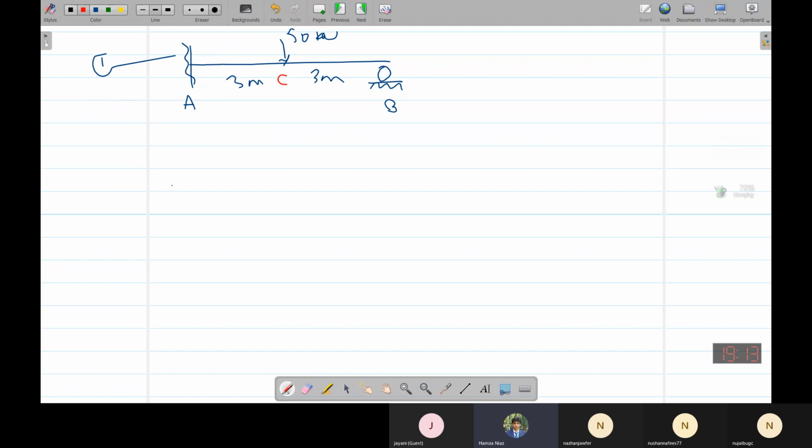Okay, sorry for the interruption. It was downtime. So this is a beam. All right. This is a simple indeterminate beam. Okay.